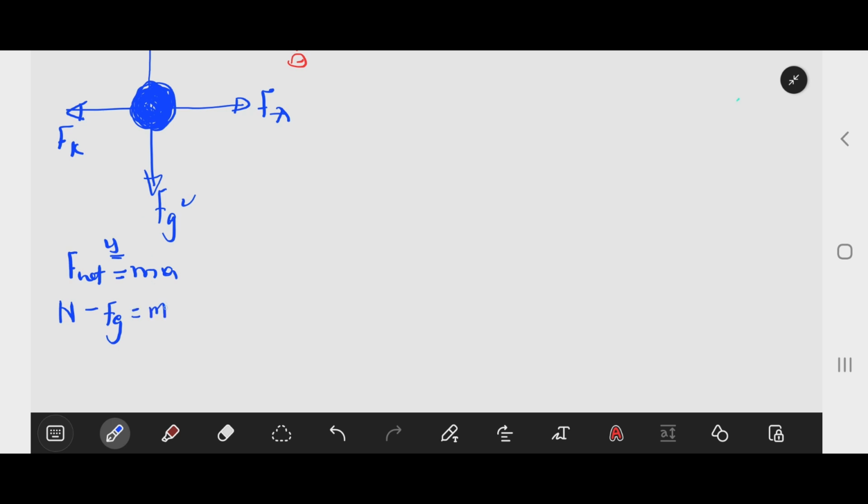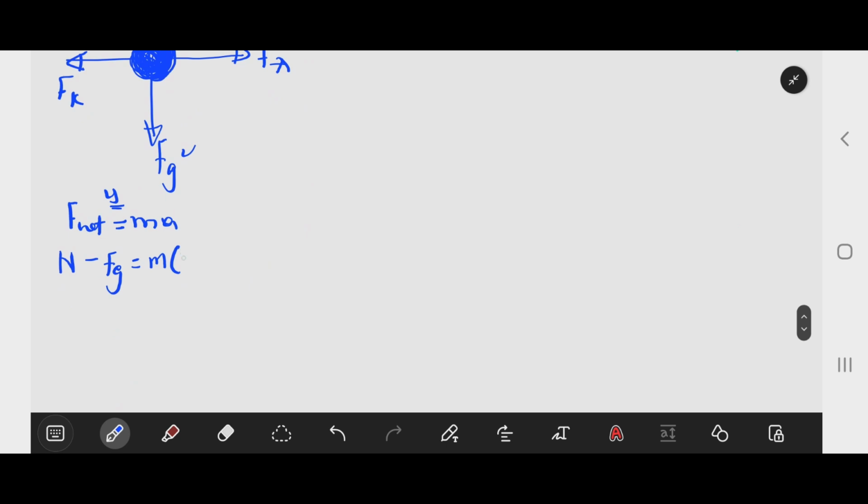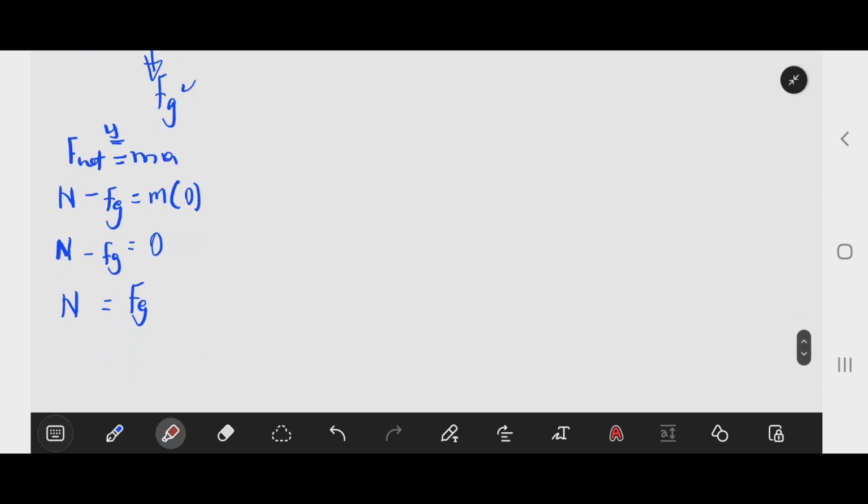That is equal to the mass of the object multiplied by the acceleration. But the object is not moving in the y direction, so acceleration in the y direction is equal to 0. So the normal force minus Fg is equal to 0. So the normal force in this case is equal to Fg, right?